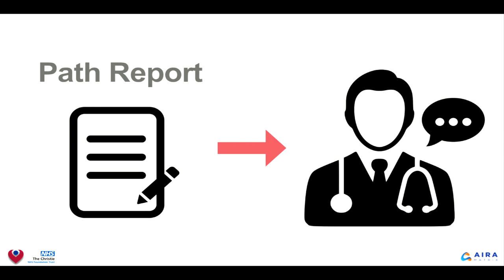As you know, as pathologists, what we do is issue a pathology report. We write something. And this document is transmitted to the clinician that is going to be using it for basing the clinical decisions.